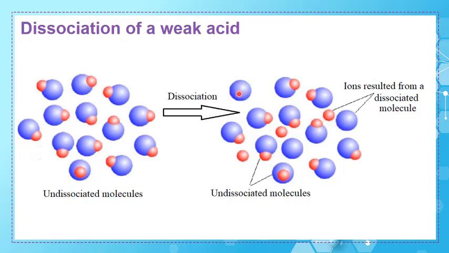This is one blue ball with one red ball, which corresponds to hydrogen, and the anion, and this is the second one, and this is the third. So here are the ions resulting from the dissociated molecules, and here are the undissociated molecules. As you can notice, the number of undissociated molecules is greater than that of dissociated, and this is what happens in reality.